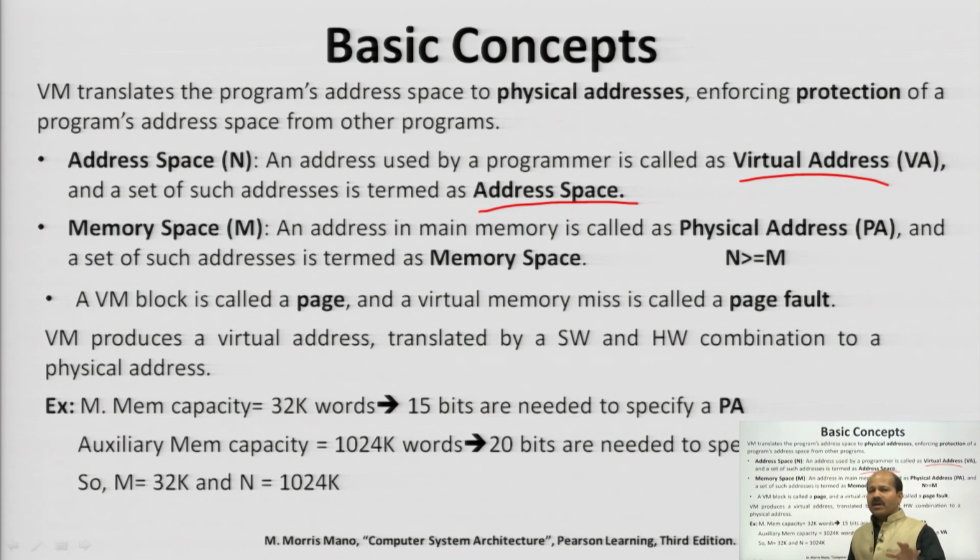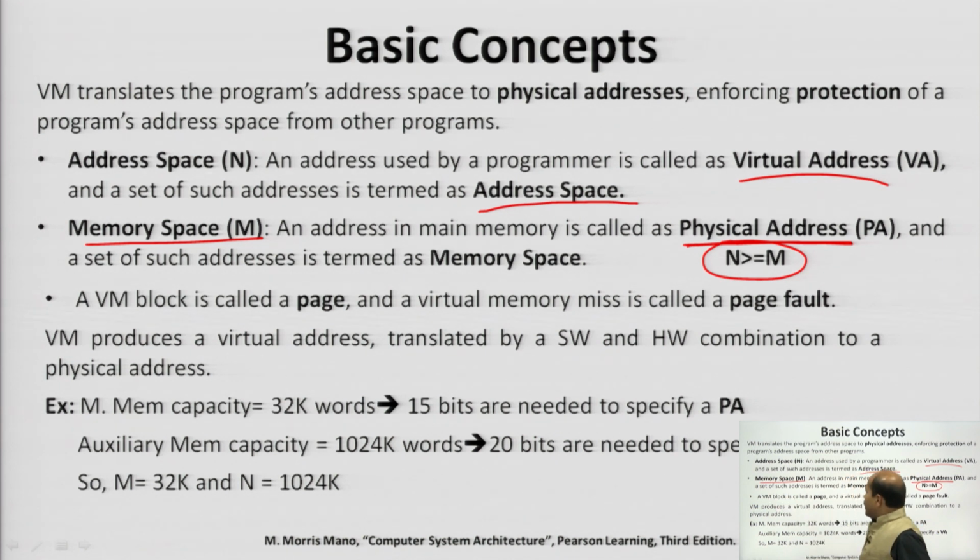So, that particular area will be called memory space, denoted by M. Memory space is the main memory area, and the addresses are called physical addresses, denoted by PA. Obviously, in this concept the virtual address space, or address space, will be greater than or equal to the memory space.